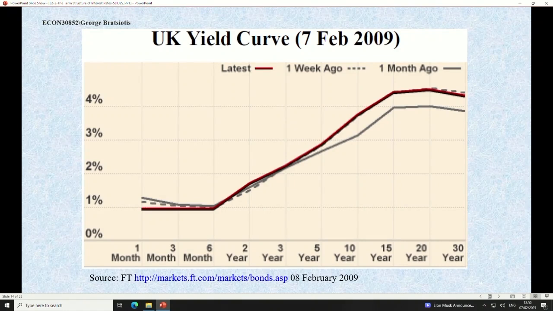Because they want to make sure they get these safe bonds into a very uncertain future in the middle of the financial crisis. So what happens is there's an excess demand for the 20 to 30-year bond. What do you expect this to do? The price will go up. But since we're talking about yields, what's it going to do to the yields? Exactly. The yields will go down. And this is what you're picking up here.